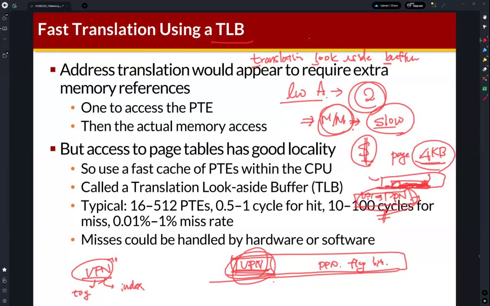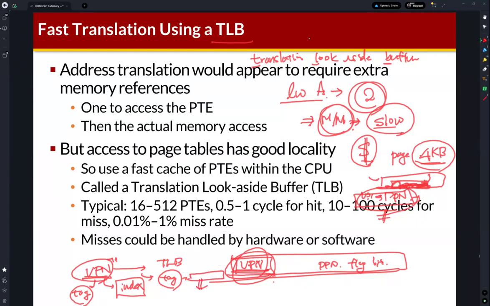The TLB includes the tag, like the cache, and using the index field, we can access the target set of the TLB. Then the TLB has the data part.